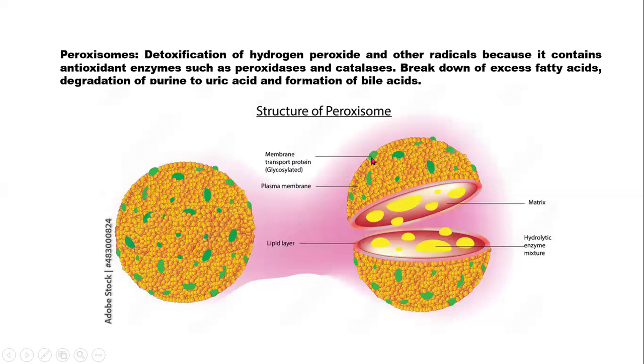Here, this is in green that you can see, and you have also the lipid layer because it has a membrane. You should expect that the membrane should consist of lipids and also protein. You remember in our previous class we talked about the plasma membrane, and in this class we will also revise and give more functions of the plasma membrane.